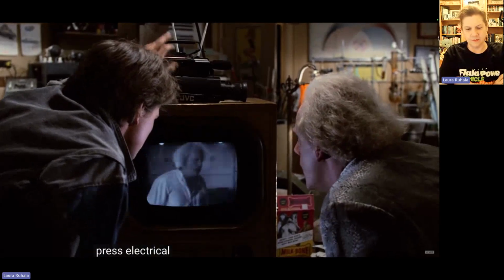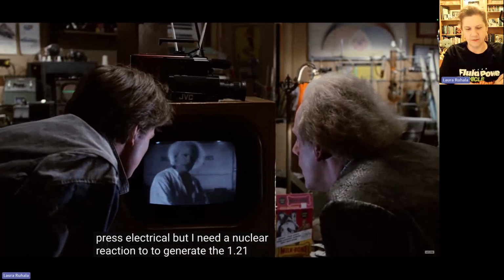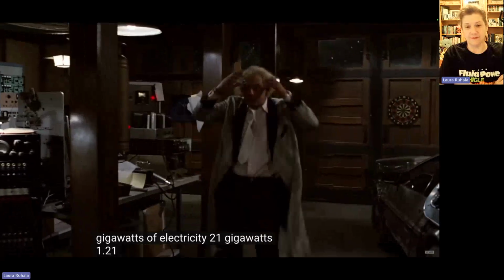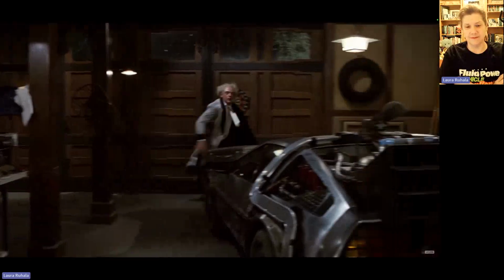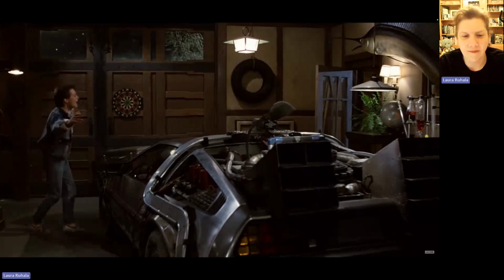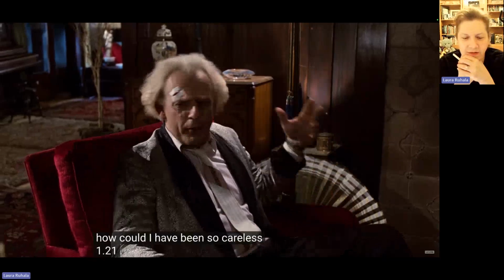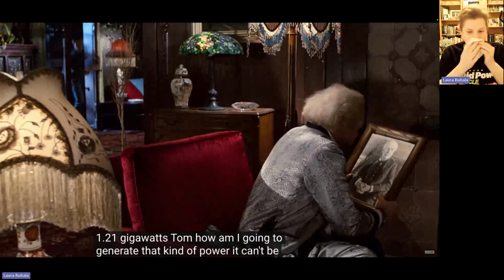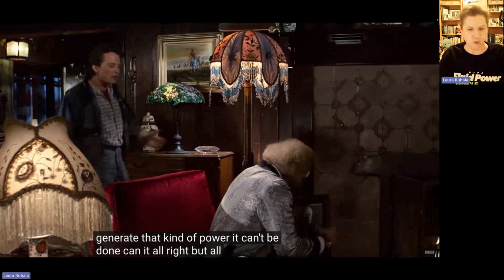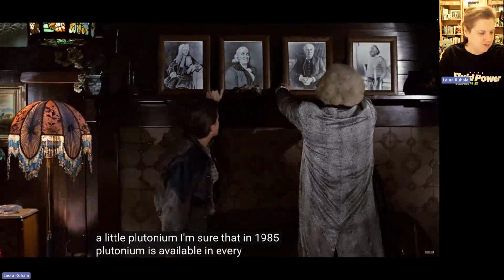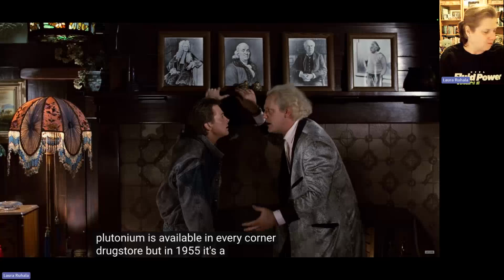This sucker's electrical, but I need a nuclear reaction to generate the 1.21 gigawatts of electricity. 1.21 gigawatts! Great Scott! What the hell is a gigawatt? Marty, how am I going to generate that kind of power? It can't be done, can it? Doc, look, all we need is a little plutonium. Oh, I'm sure that in 1985, plutonium is available in every corner drugstore, but in 1955, it's a little hard to come by.